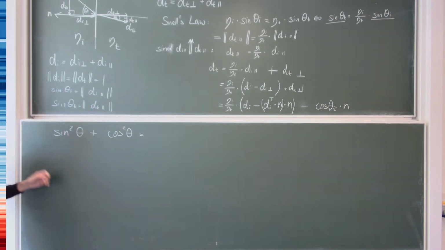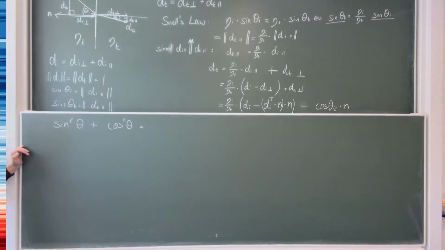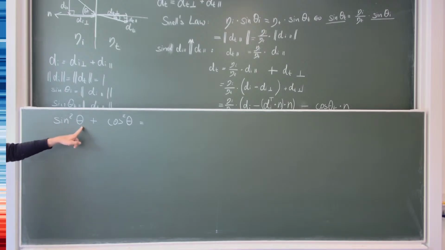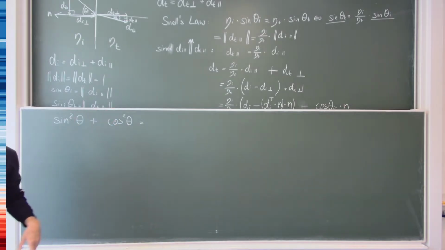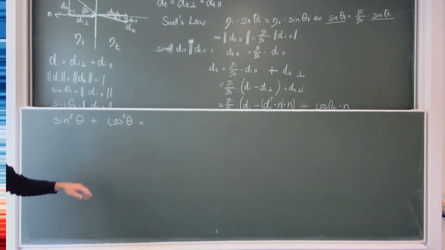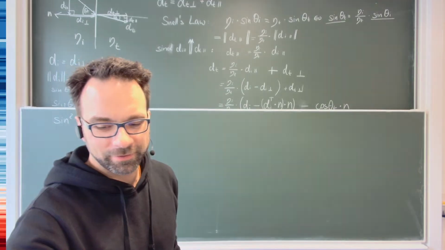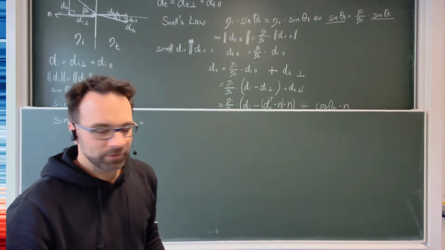What do you know about this sum? Take sine theta and square it. It's written as sine squared theta, plus take the cosine of theta and square it. What is the result? That is 1.